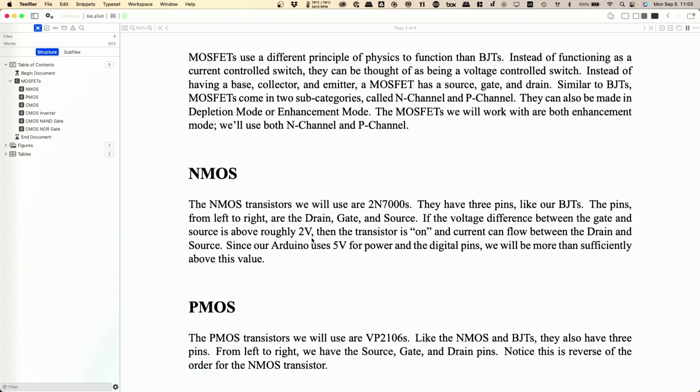So for the NMOS and the PMOS, drain and source? Sort of, yes. The drain and the source are flipped, but not necessarily which pins they're on. That depends on who makes it.